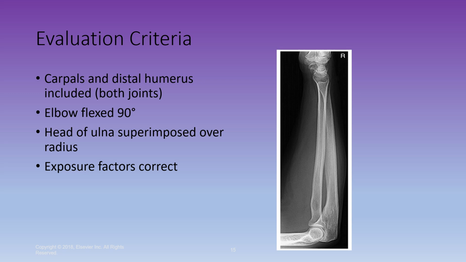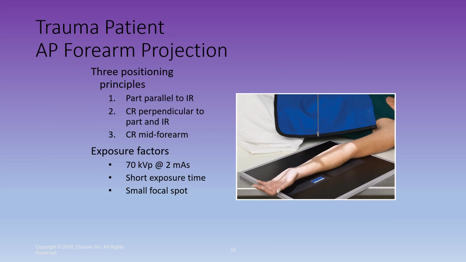If the patient was a trauma patient and unable to, then ideally what you're trying to achieve, you can tell that this patient is laying on the table. Maybe she was in a motor vehicle accident or a water skiing accident, something where she came in and she was not able to sit up. You could have the patient scoot over on the table and still place the image receptor on the table.